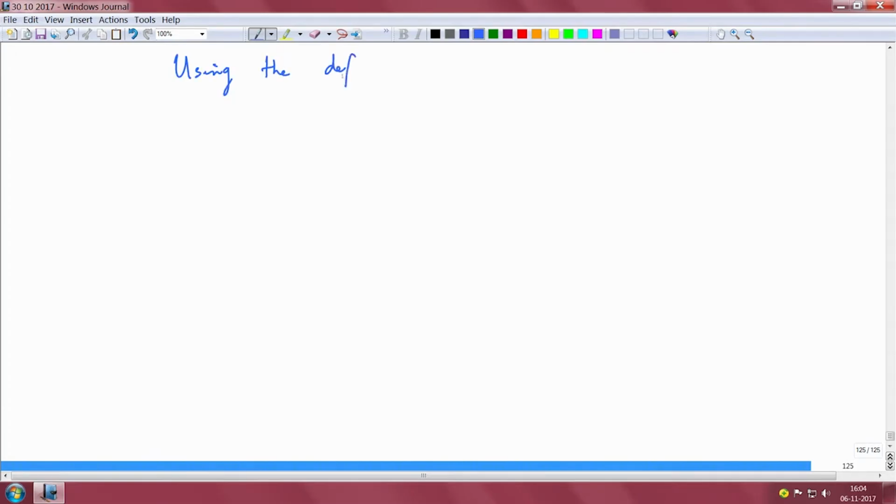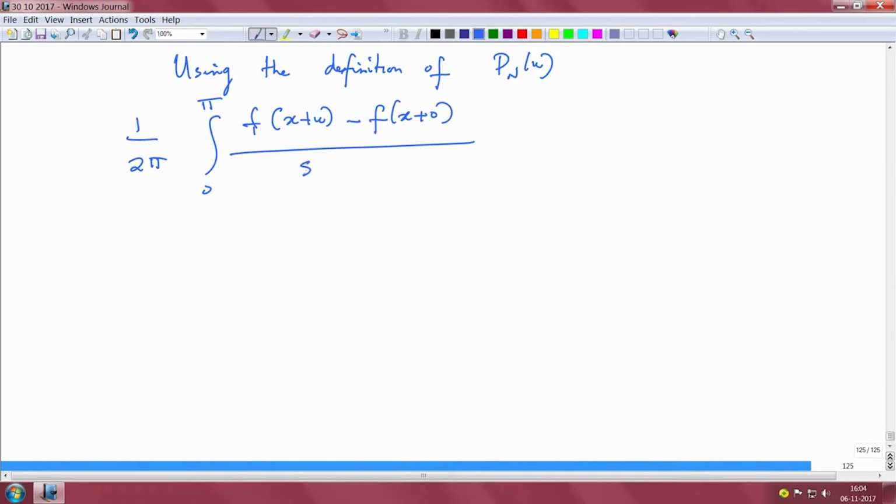Using the definition of P_n of u, 1 upon 2 pi integral 0 to pi of f of x plus u minus f of x plus 0 upon sin u by 2, this is basically the g of u function form, times sin of (n plus 1 half) u du.